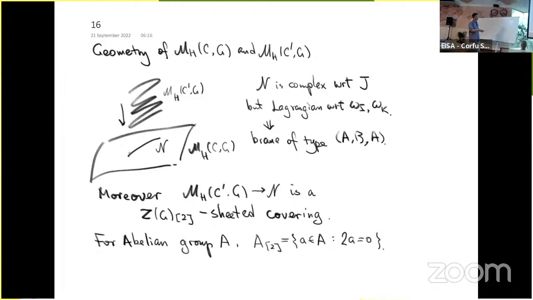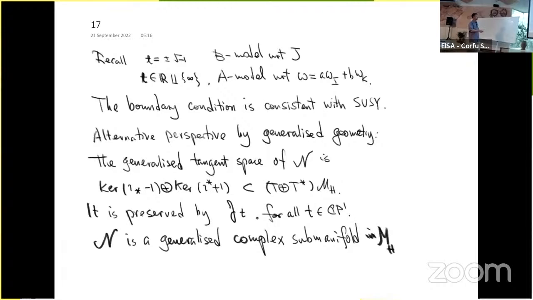In fact, if you compute the generalized tangent bundle, it is this, and this is preserved by these generalized complex structures that form a generalized Kähler structure.